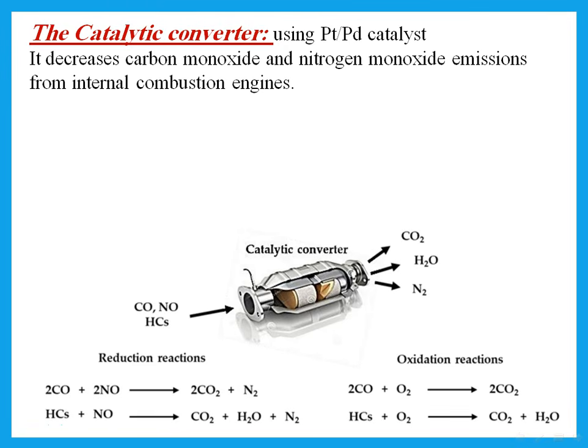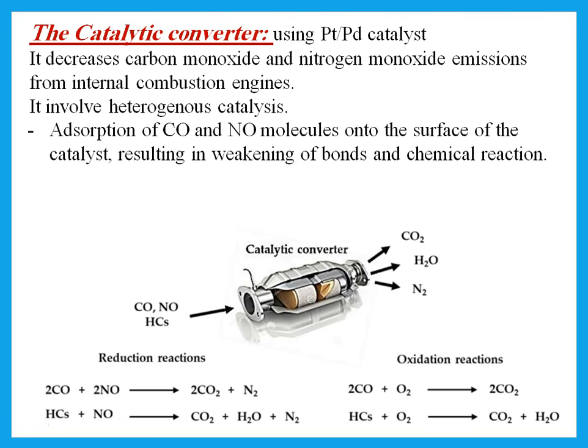Now, what happens in the catalytic converter is that the presence of the catalyst causes these products to be formed. First of all, this is a heterogeneous catalyst. What happens is we have adsorption of the gases that we're trying to change.